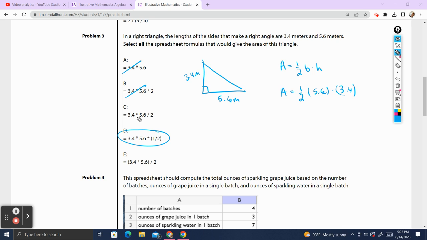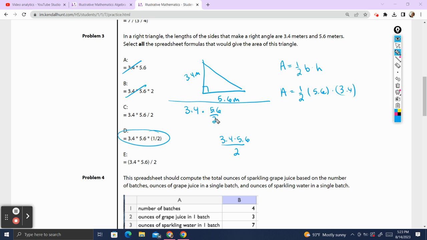Now this one over here and this one look very similar, but let's look at the difference. This one has parentheses and this one does not. What the parentheses mean is that the two values are multiplied, and again the asterisk is multiplication, then divided by 2. Versus this one over here, which is going to be this value times just the second one divided by 2.